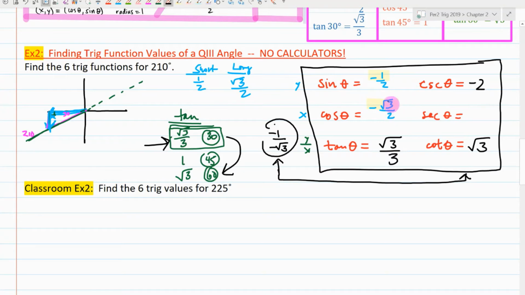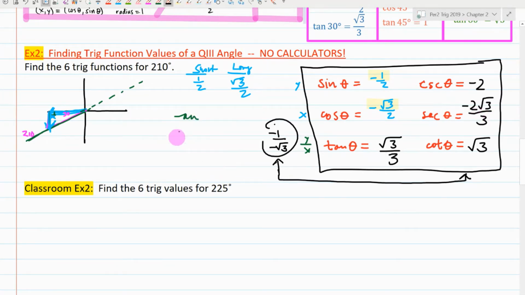And then secant is the reciprocal of that. So if you take the reciprocal of negative radical 3 over 2, it's negative 2 radical 3 over 3. Now, I know that I didn't do the work for that. You can take this and flip it upside down.